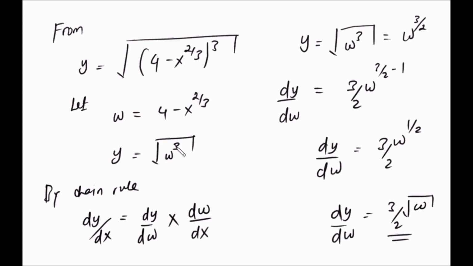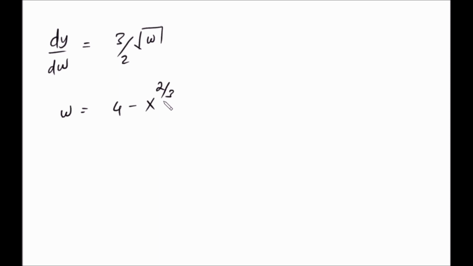So now let's find dw dx. And then ukishapata dw dx tutachukua dy dw times dw dx. So dy dw naandika tu sije nikaisahau, tumepata hii. So but w yenyewe ilikuwa ni 4 minus x power 2 over 3. Kwa hiyo dw dx sasa itakuwaje?